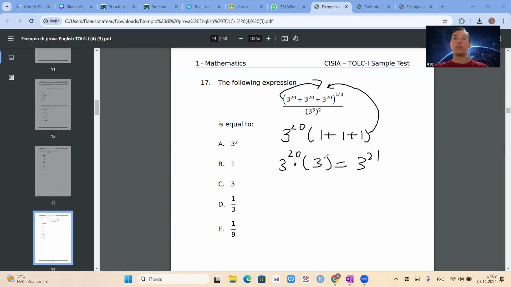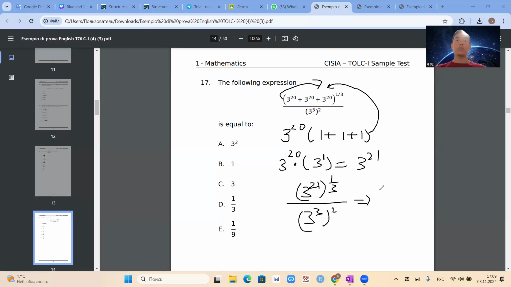As you know, this 3 always has power 1, and there is a property: when there is the same base and there is multiplication, you just have to sum the powers. Now we see that the numerator has 3 to the power of 21, to the power of 1/3, and in the denominator there is 3 to the power of 3, to the power of 2.